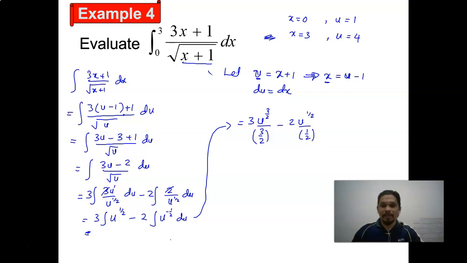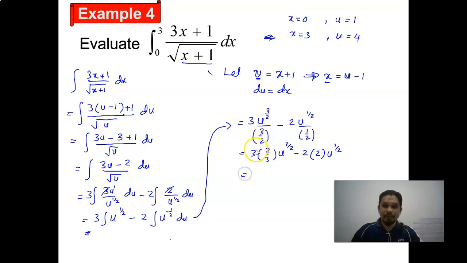Then divide by 3 over 2: bring this above, switch the position upside down, so 3 over 2 becomes 2 over 3, then u to the power of 3 over 2, minus 2, and this one, 1 over 2, brought above becomes 2 over 1, or 2, and u to the power of 1 over 2.